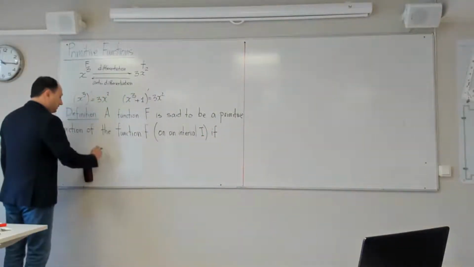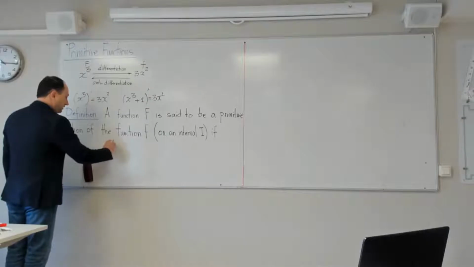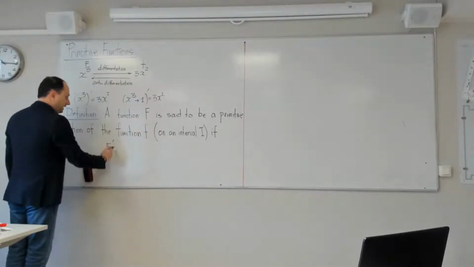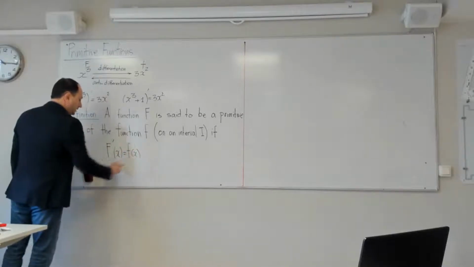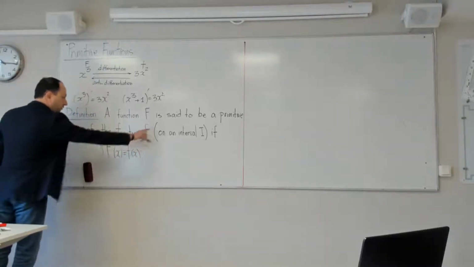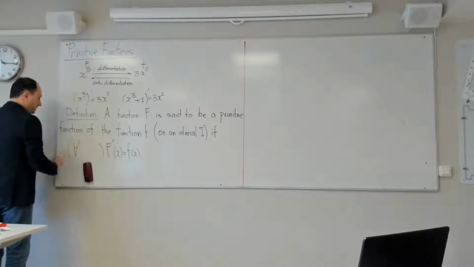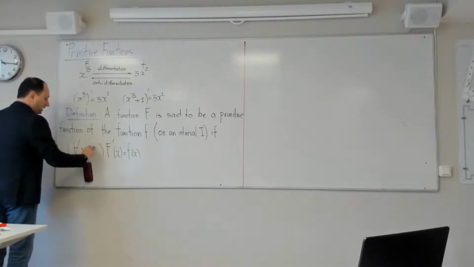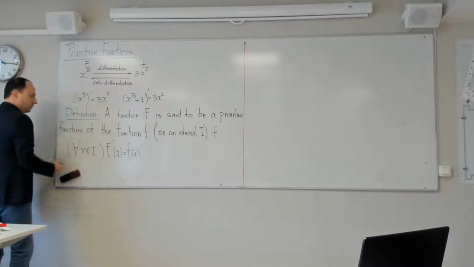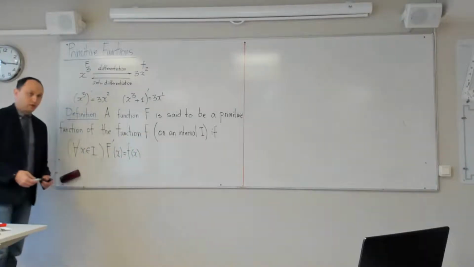the derivative of the capital F is equal to the small f. And of course, if I want to define it precisely, I should say for all, this means for all x in the interval. But you don't need to be worried about what I have written in the pair of brackets.